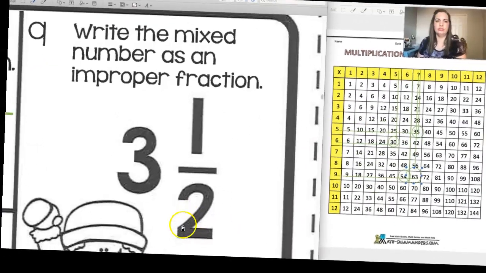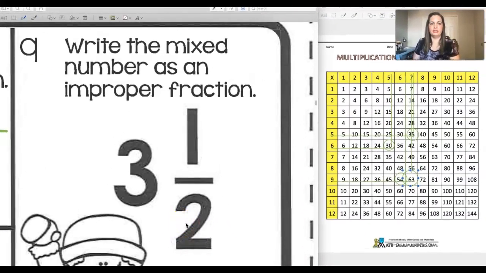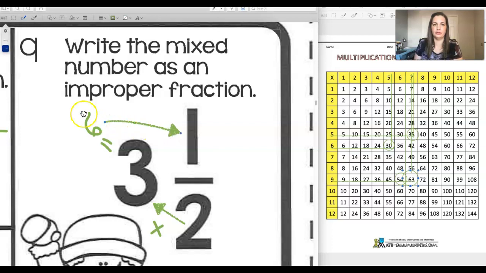Okay, we learned to make an improper fraction. You're going to take the denominator and multiply it by the whole number. So we're going to say 2 times 3. 2 times 3 equals 6. And then you take that answer and add it to the numerator. 6 plus 1 equals 7.